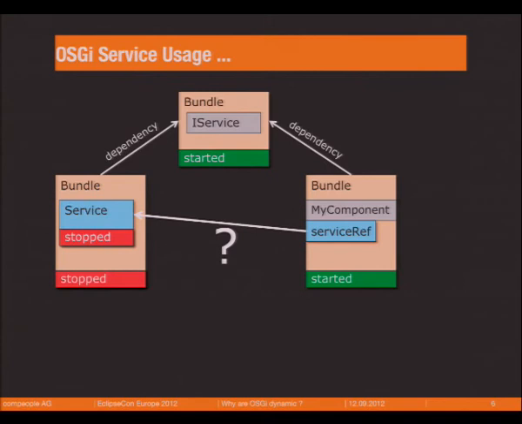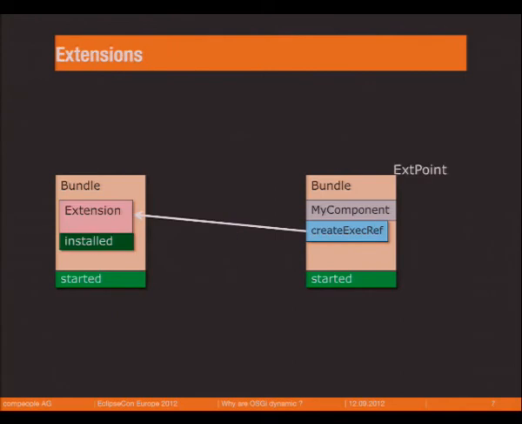So that is a complexity you have to deal with. You can listen to whether the bundle goes down or up, or see that a service is stopped. But if you don't do that, if you just look at the reference of the Java instance, you can still use it, and you can have any kind of errors if you don't check whether the service is still running. That's, I think, one of the problems there.